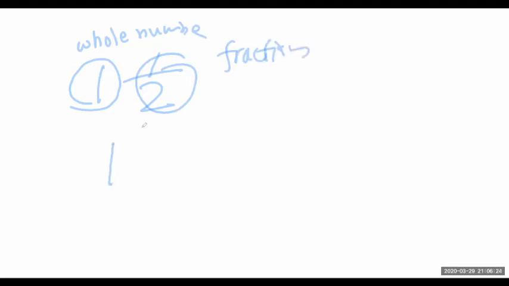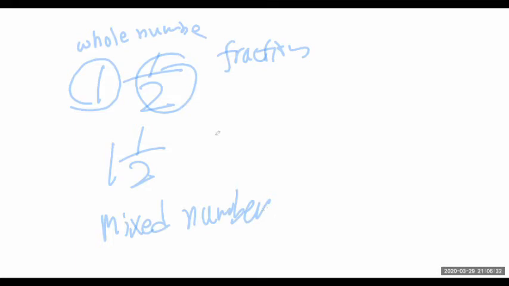So we put them together, that's why we call it a mixed number. Are we good on this one? So 1 1/2 means 1 plus a half. That's all. This is just shorthand, to save time.